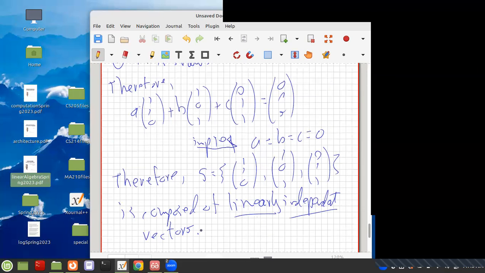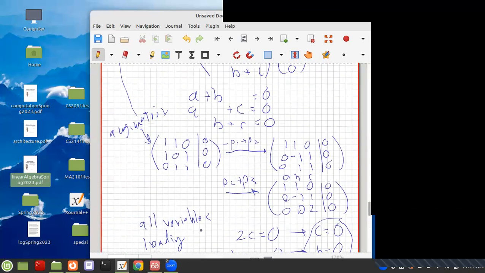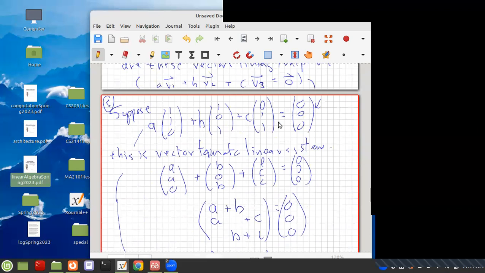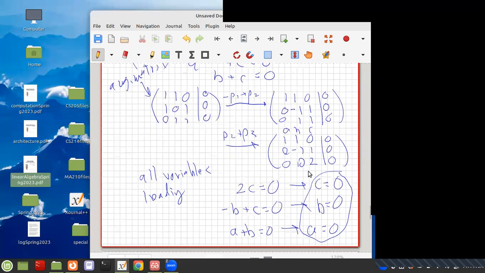Then we have to, of course, go on and do the opposite case when they're not linearly independent, to see how that works. But this is a successful proof, or demonstration, or check that these vectors are linearly independent. So this is what you have to do. You have to go through the process of supposing this equation is true, forming the linear system, solving it, and then making a conclusion.